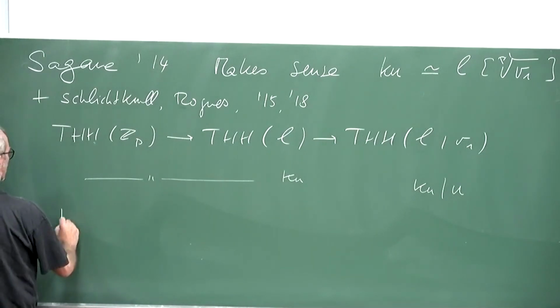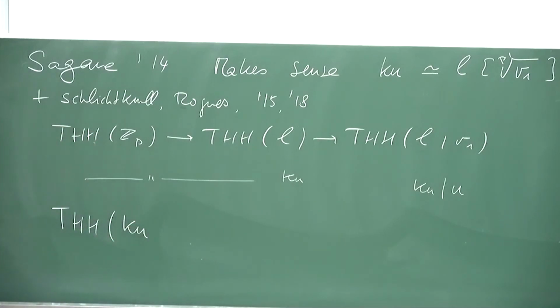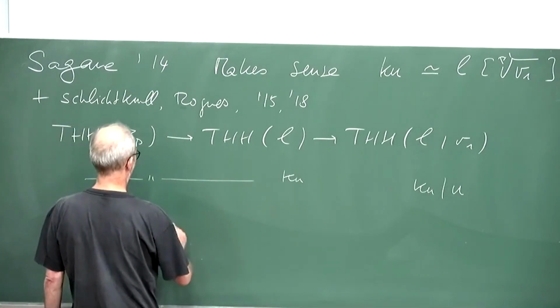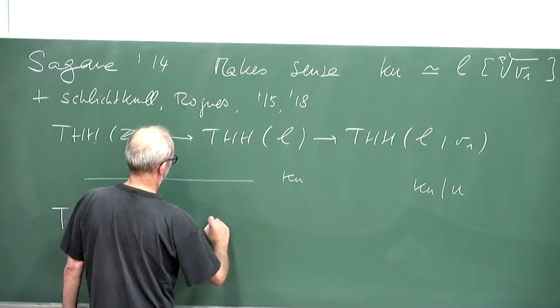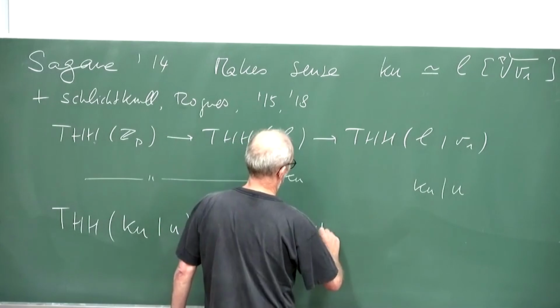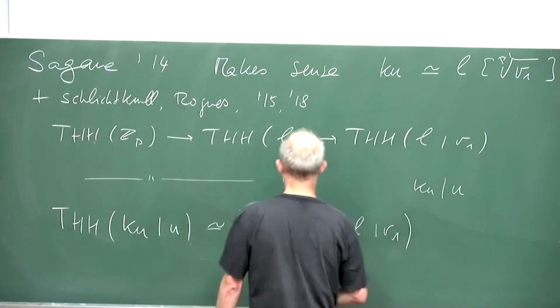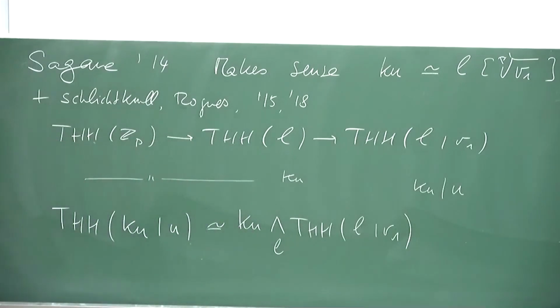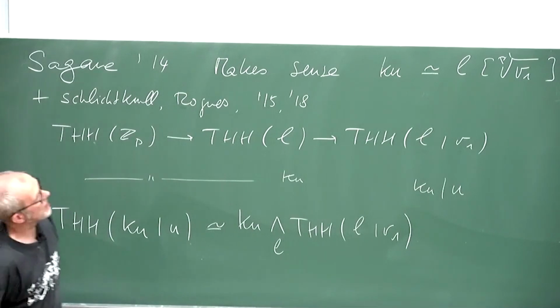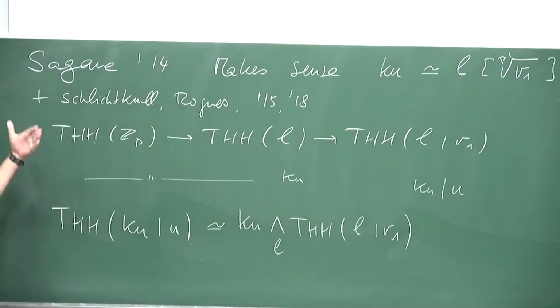And then, well, they say the complicated computation for THH of KU just comes out of the formula that is now called log-étale descent, THH log-étale descent. Okay, so that somehow really sheds light on how such a tamely ramified extension, as in the example of L to KU, is going to be reflected in THH.